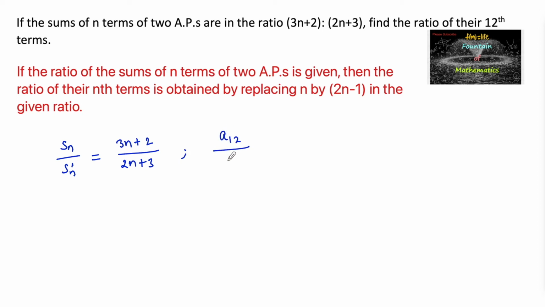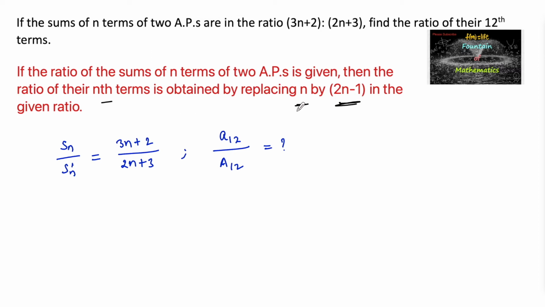Let us consider a12 divided by capital A12 as the terms. So we need to find this. Since we have a property, if the ratio of the sums of n terms of two APs is given, then the ratio of their nth terms is obtained by replacing n by 2n minus 1.